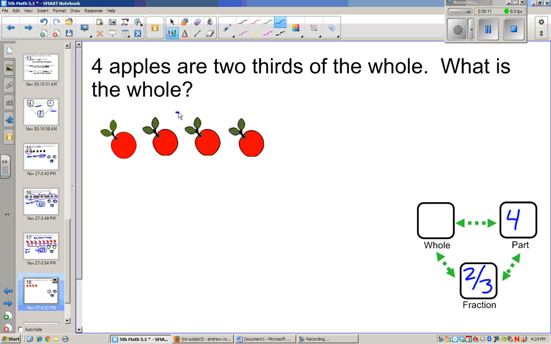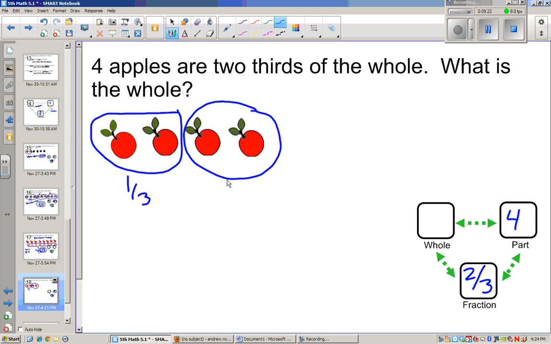So if this whole set right here is 2/3, then if we divide it in half, we're going to have 1/3. So this is 1/3 and this is 1/3. And we can see that 1/3 equals 2 apples. If 1/3 equals 2 apples, 2/3 equals 1, 2, 3, 4 apples.